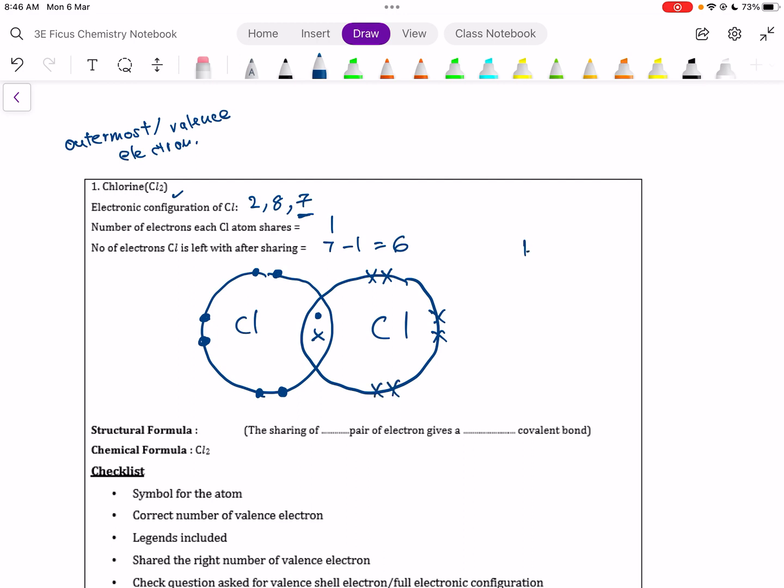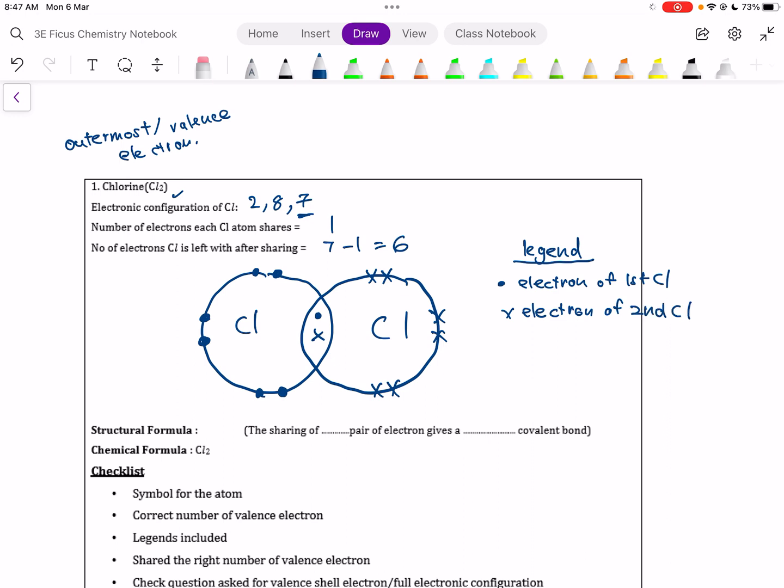Then I have the legend. This case is quite straightforward, since they are molecules of the same element. The dot is the electrons of one Cl, and the cross is the electrons of the second Cl.